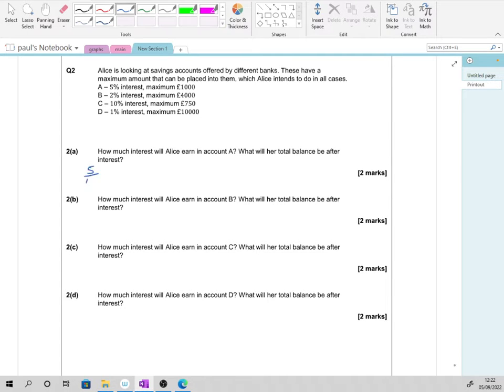So 5 divided by 100 times 1,000 is £50. What will the total balance be after the interest? Well, 1,000 plus the 50 equals 1,050.